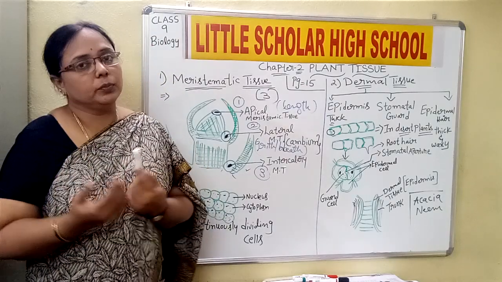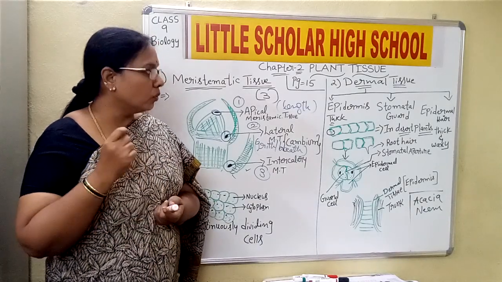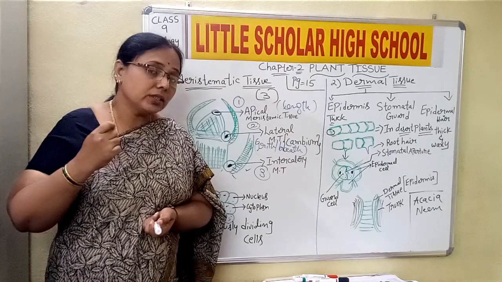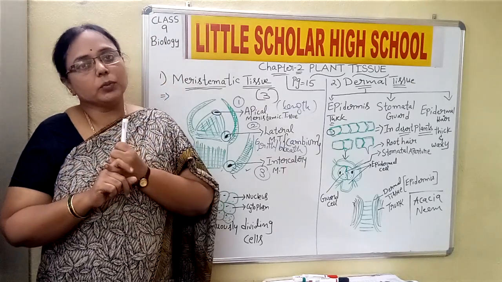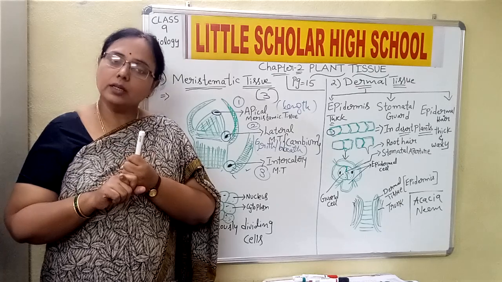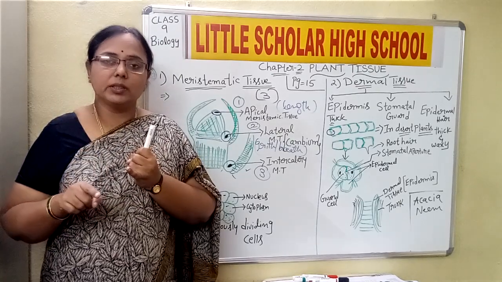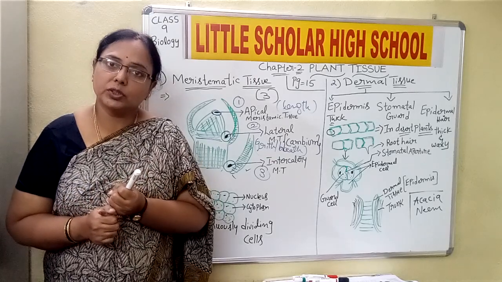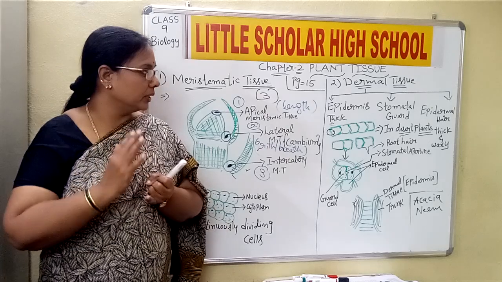And naturally it is protecting the internal parts of the plant. So let us go through the importance of the dermal tissue. First thing is, it is protecting the internal cells, because it is forming a protective layer. Dermal tissue is nothing but a protective layer which is protecting the other cells present inside.